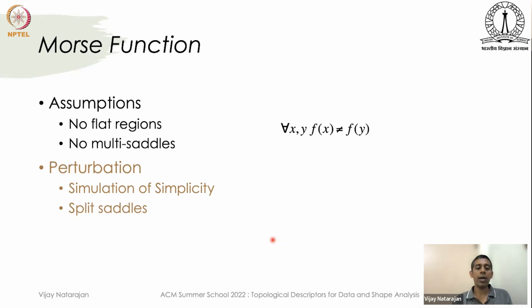I'm not going to be able to talk about them. If you are interested, you can study something called the simulation of simplicity, which is a systematic way of perturbing your data so that all the degeneracies can be removed. There is an equivalent of this called simulation of differentiability, which allows you to also take care of saddles.